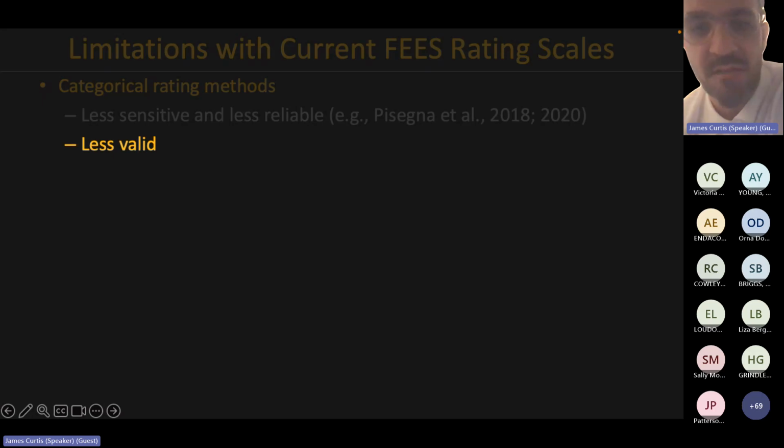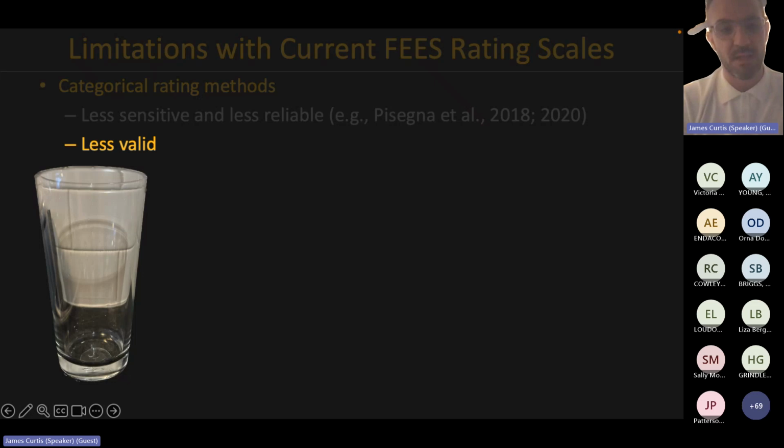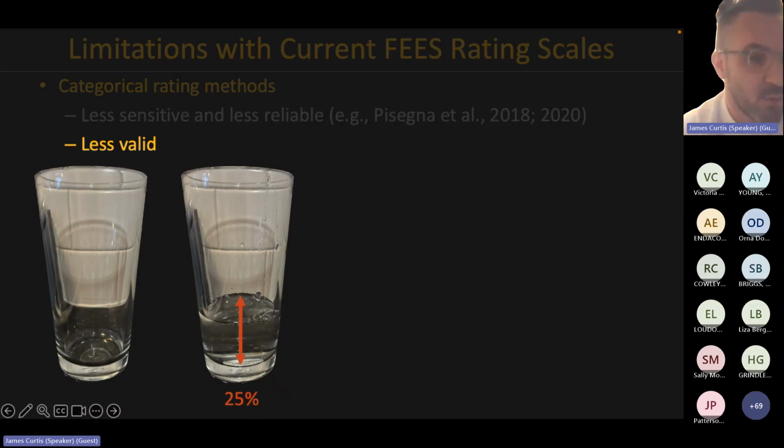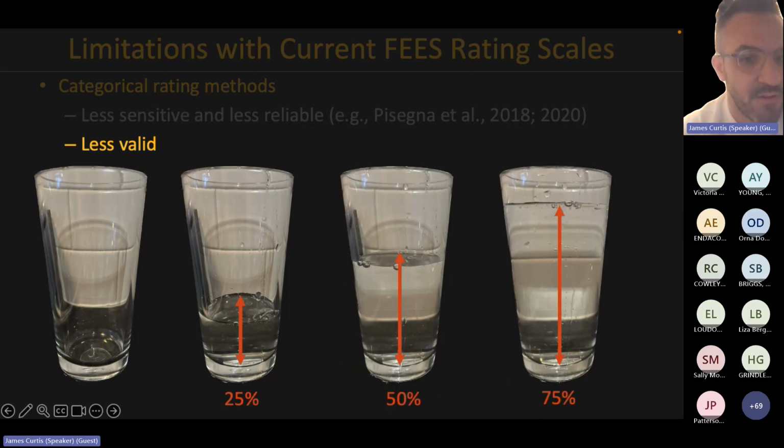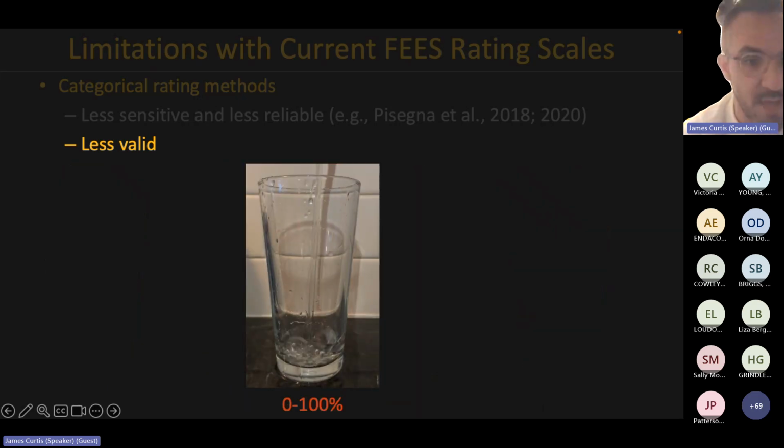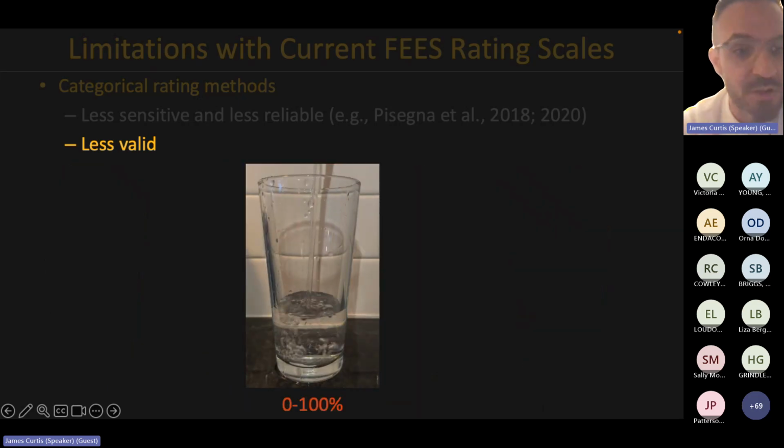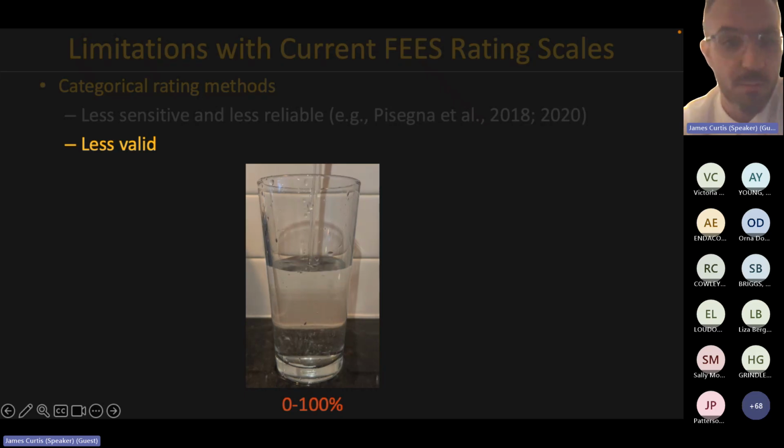But when I say less valid, what I'm saying is that residue does not just jump from, if we're comparing it to water in a cup, nothing in the cup to the cup is now 25% filled to 50% filled to 75% filled. It doesn't do this. It can range any potential number. We could fill this cup up with water, we could stop at any point, and we could have a random number.